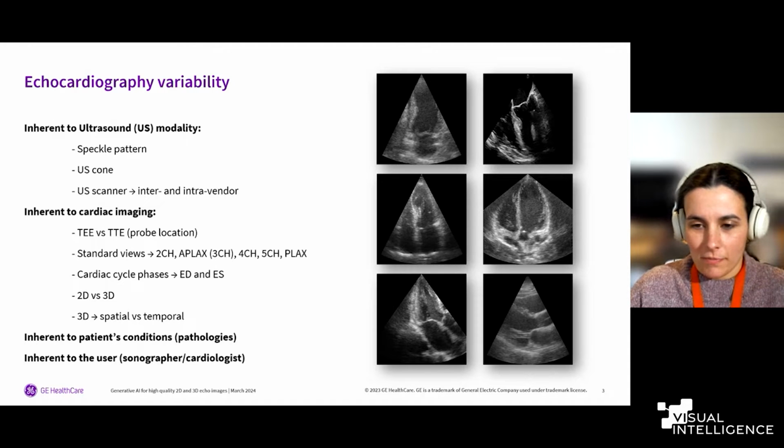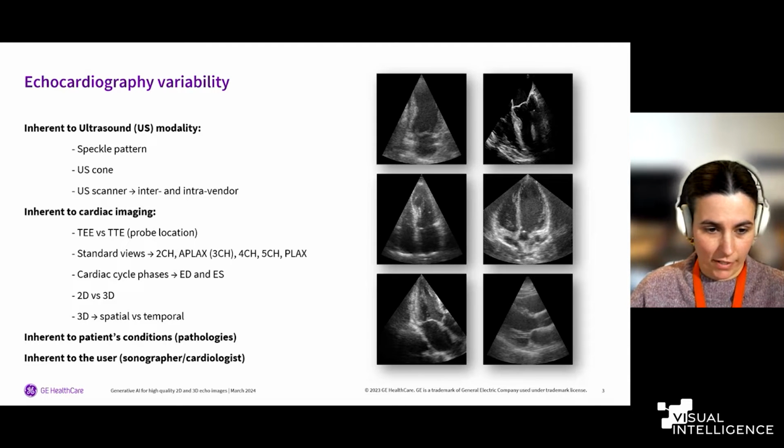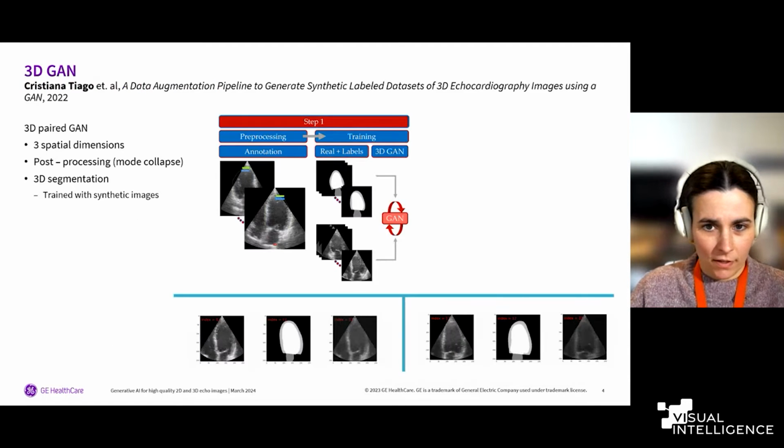So we're fighting this problem. Let's generate our own data, because even for us at GE Healthcare, we need to deal with privacy regulations, and it's not always that easy to access new data. So we decided to explore the potential of generative AI to create such images.